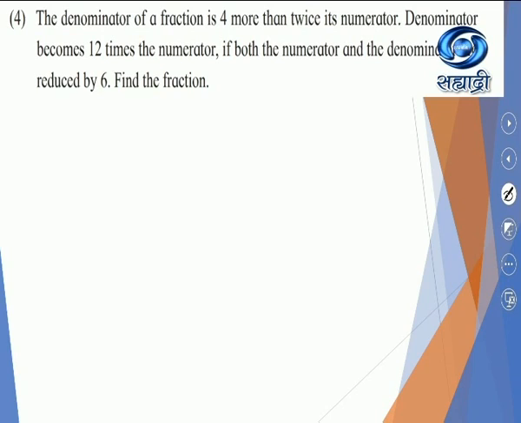Here we want to find out the fraction, that means the numerator and the denominator. So let us consider the numerator as x. Numerator be x. And the denominator be y.